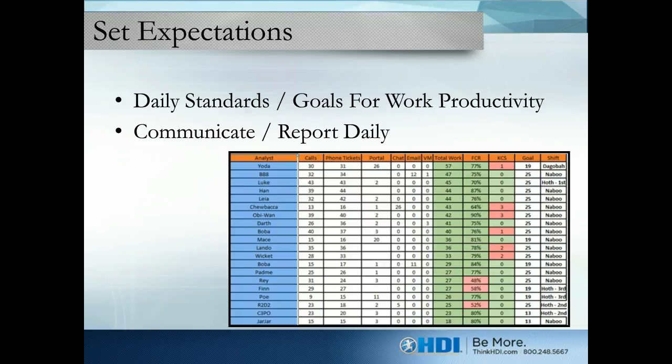Whether I have a team sitting literally 5 feet from me, or 5 time zones from me, or on the other side of the world, having them know what's expected makes a huge difference in how they work every day, because they know what they're there for. I also find it's useful if you communicate that out and find a way to report on that as often as possible.